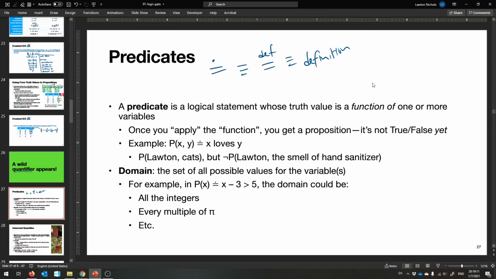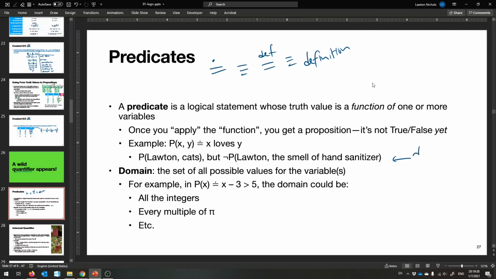Okay. Another thing that's very important when you talk about a predicate is the idea of a domain for that predicate. So the domain of X is people, and the domain of Y is whatever, anything that could possibly exist, any idea, anything, any noun.